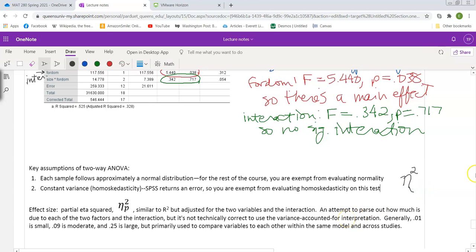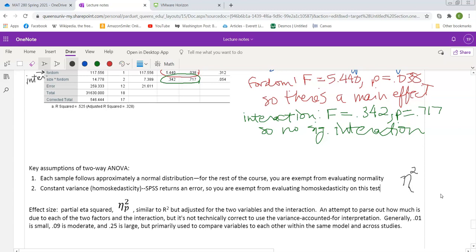That's terrible. But it's partial eta squared, which is similar to r squared. In fact, for one-way ANOVA, they are the same thing. Here's what you need to know about this.